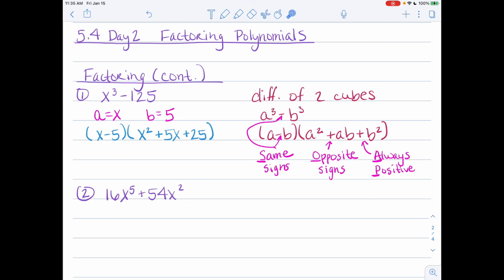So you're never going to be able to come up with two things that multiply to be a positive 25 and add to be a positive 5. It's just not going to happen. So we won't be able to factor that. Our other term is a linear term, and so we are done. Even though this looks kind of ugly and we feel like we should be able to do more, we're not able to do so.